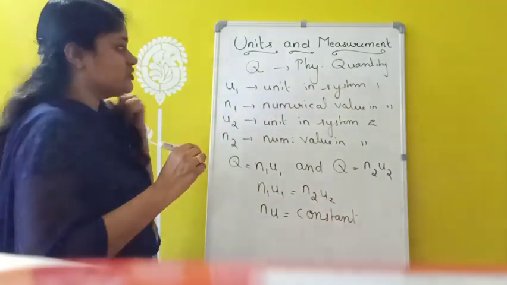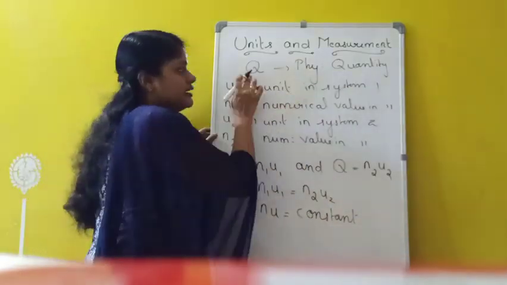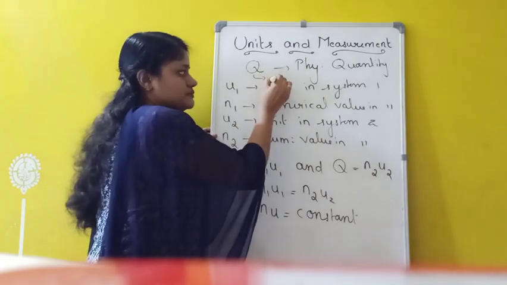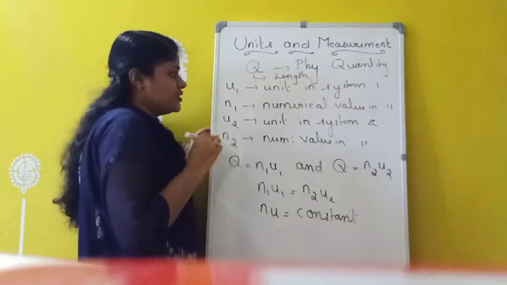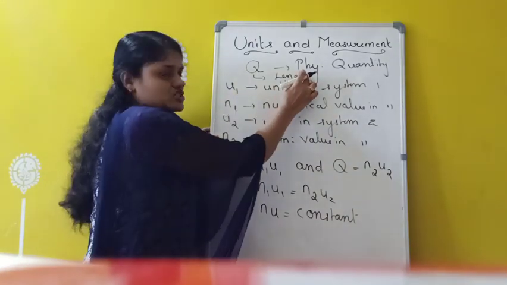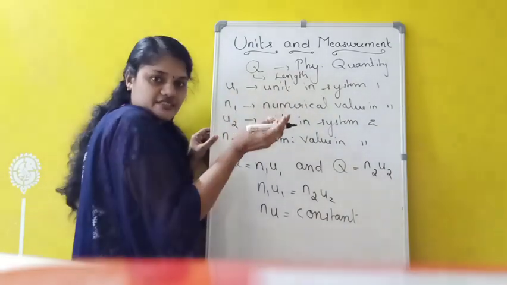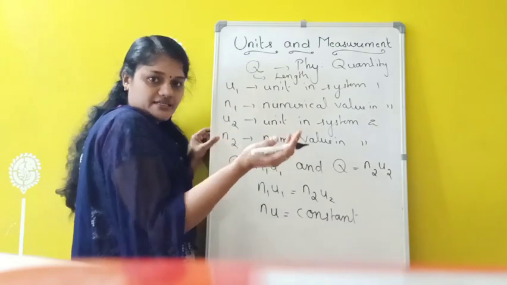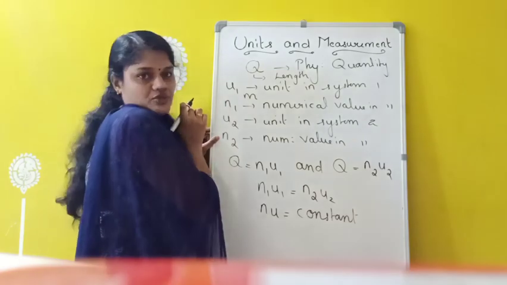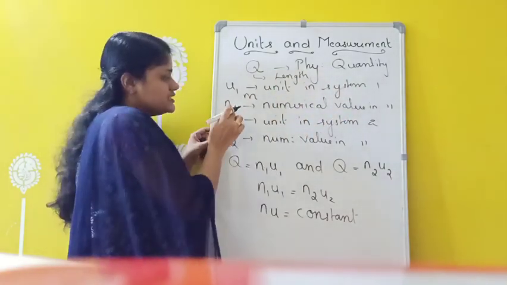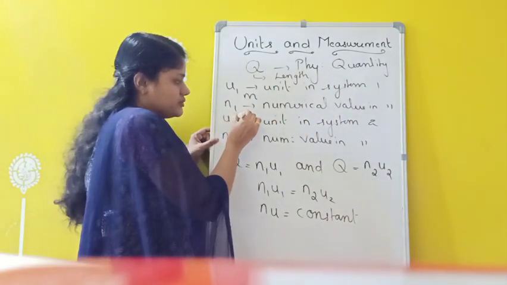Clear? Suppose I take one example. The physical quantity I am taking is length. For the unit of length, we have so many units: centimeter, meter, millimeter. Here I am taking U1 as meter, so meter is the unit in system 1, and N1, the numerical value, I am taking as 1.